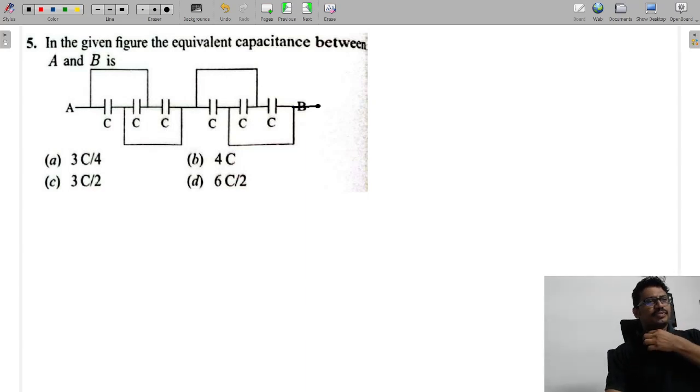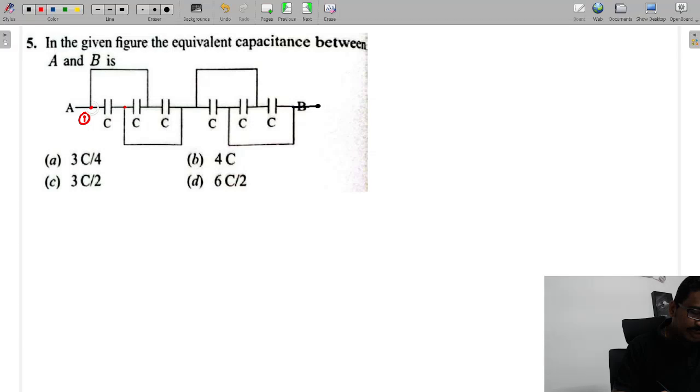Equivalent capacitance between A and B. Whenever they give this type of cross connection, we need to redraw the circuit, then you can easily understand. Look at now here. This is one, I'm calling junction 1.